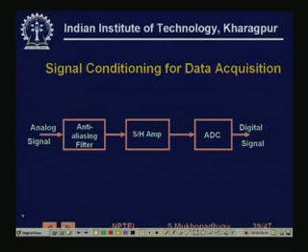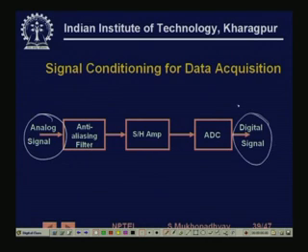So we have an analog signal here, and we finally want to produce its digital equivalent. Obviously, at the final stage we need an A to D converter, an AD converter.